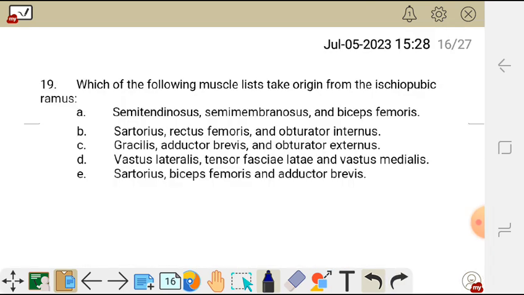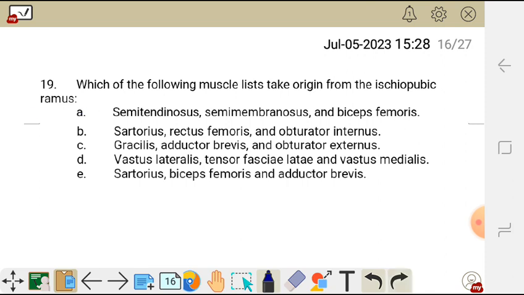Question 19. Which of the following muscle lists take origin from the ischiopubic ramus?